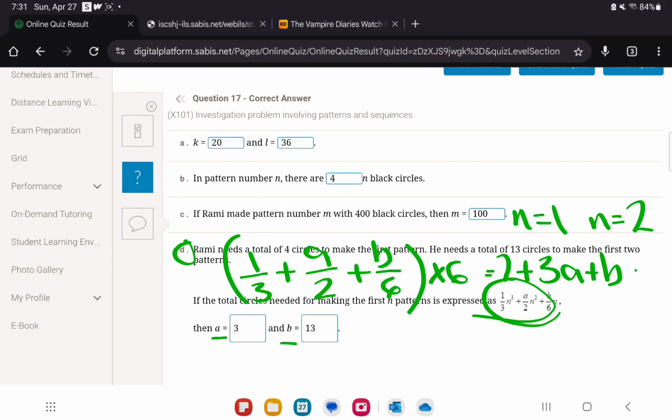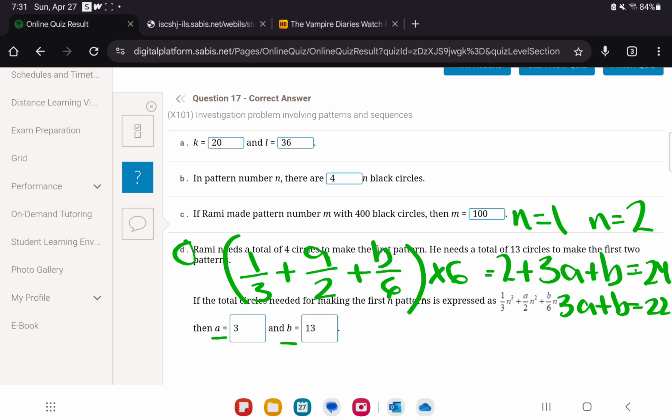So when we multiplied by 6 on this side, we also have to multiply 6 to 4, so it's equal to 24. Now 3a plus b equals 22 because we moved to the other side. Now let's keep this as it is because we don't have a or b.